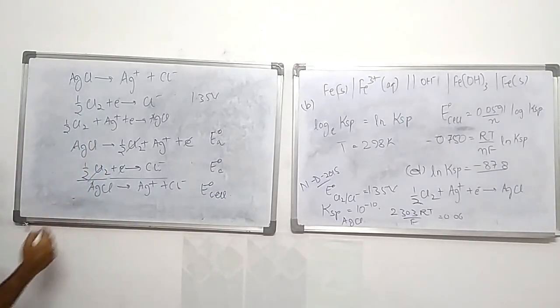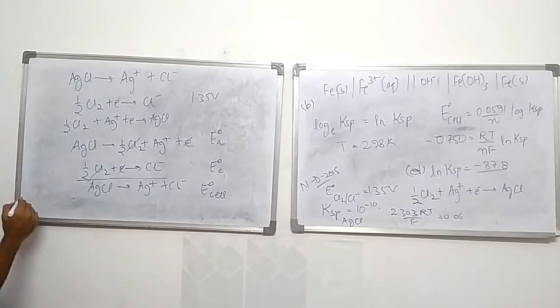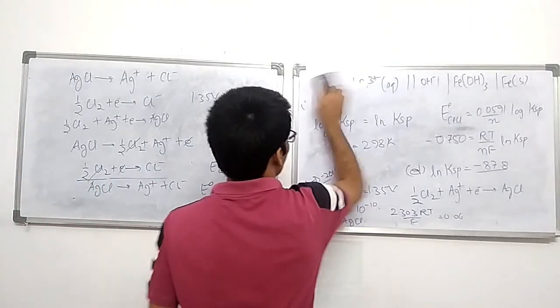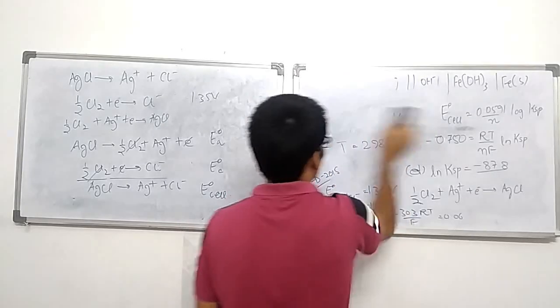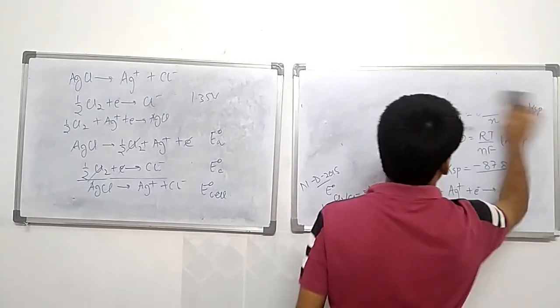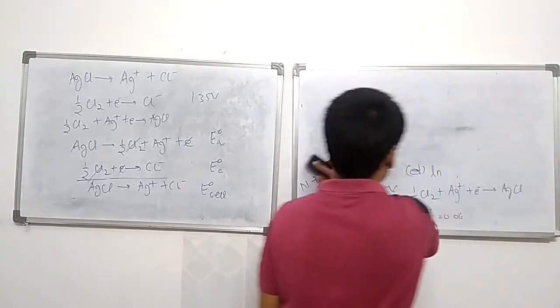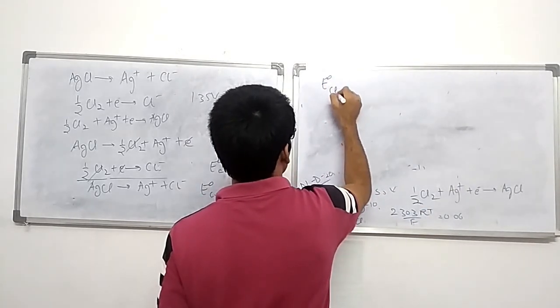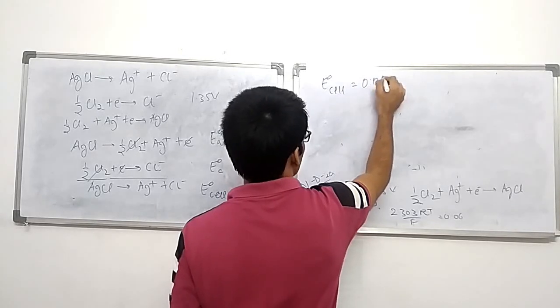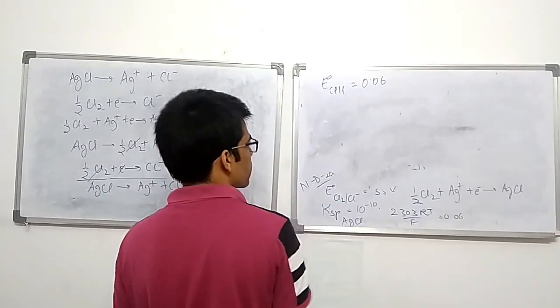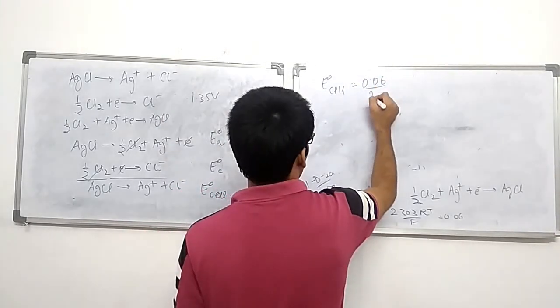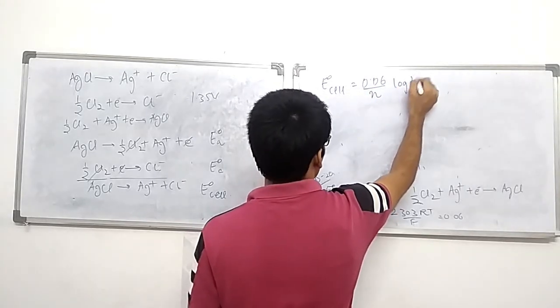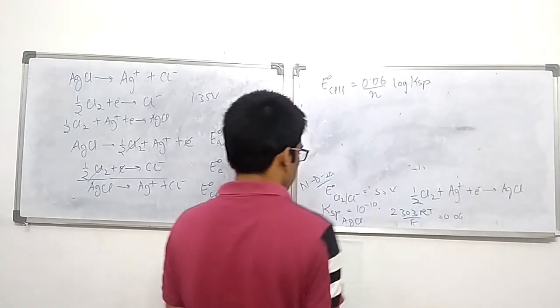Now from KSP I can get E naught cell. How? We have the equation: E naught cell is equal to 0.06, because they have given this as 0.06, upon n log KSP.